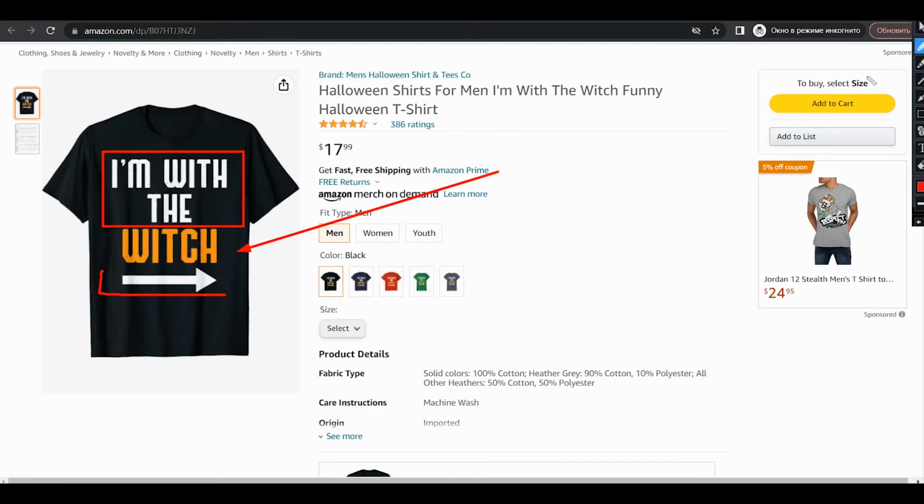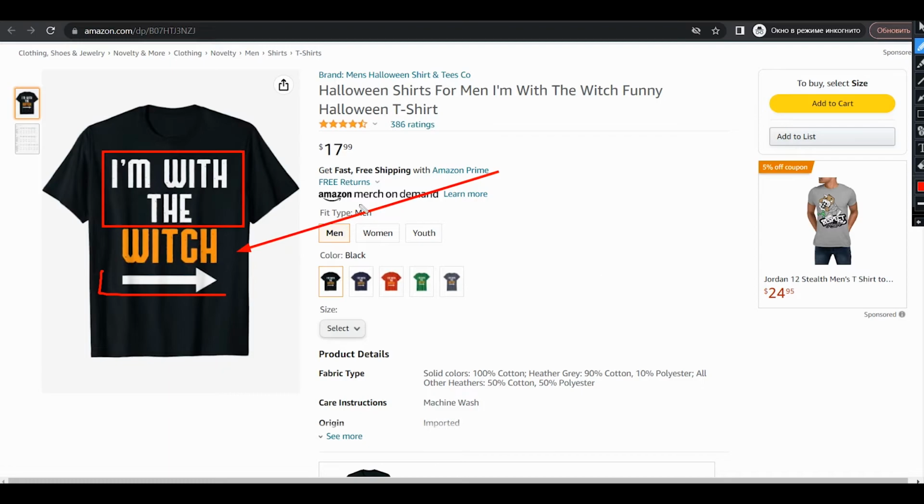For example, one shirt will be "I'm with the witch" with the arrow to the right, and the other one will be "I'm with the skeleton," for example, and the arrow will be on the other side. So a couple can wear two almost the same t-shirts, but they are matching t-shirts.